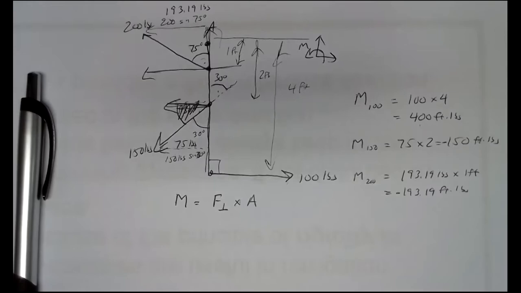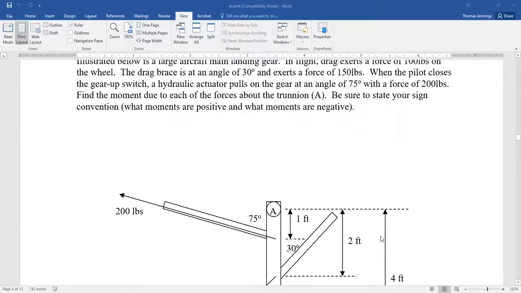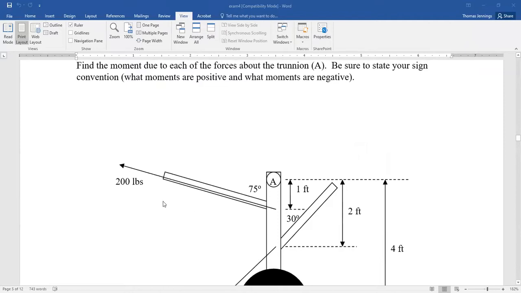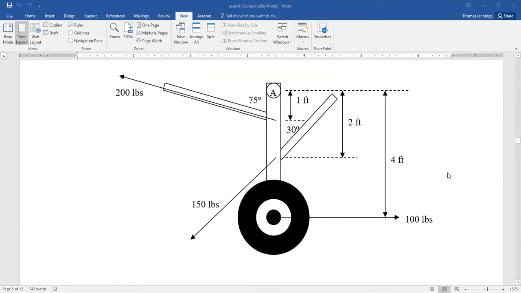Now, according to the problem, did it say anything about sig figs? Nope, no statement about sig figs. So we just treat it as a math problem and round it off to something reasonable, maybe 193.2. Everything else came out exact. So don't get thrown by it when it looks weird.